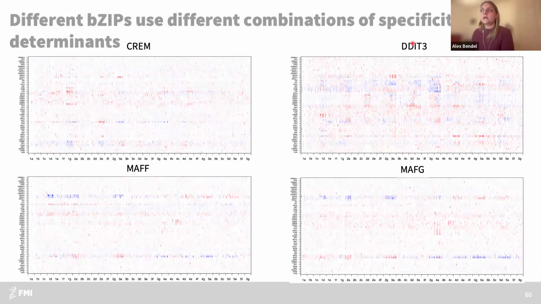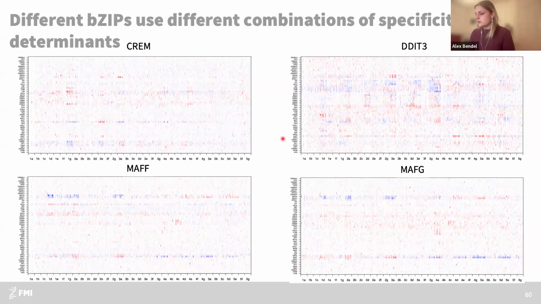It was interesting because we see similar determinants across the bZIPs, but they are used in different combinations. For example, bZIPs from the same subfamily have very similar determinant patterns. If they're more distant, they use different combinations. So these determinants of specificity are shared across the network, but then used in different combinations in order to fine-tune the network.